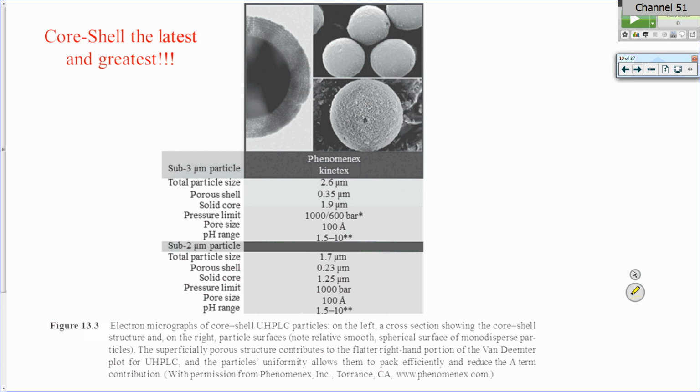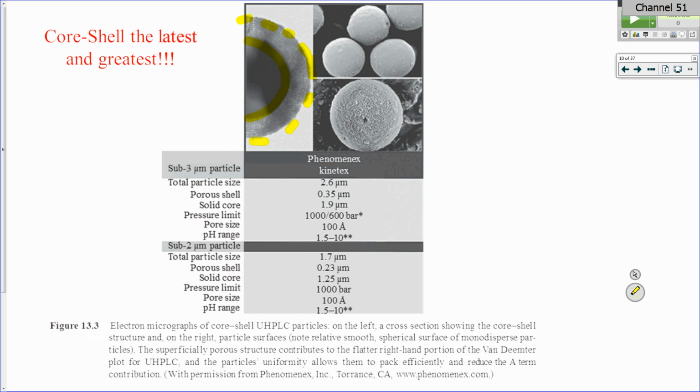So there's a new technology that's come out in the last 4 or 5 years. They're called core shell particles, and they have a lot of popularity with UHPLC. The idea with these is that they take a complete solid support, something that's non-porous, and on top of that, think of it as a glass marble, they coat a spongy-like material on the outside of it.